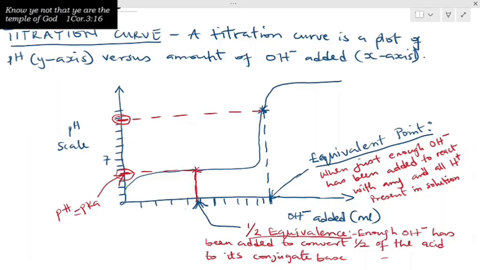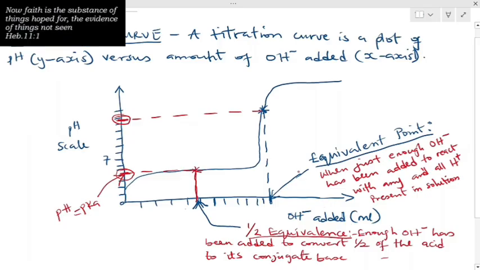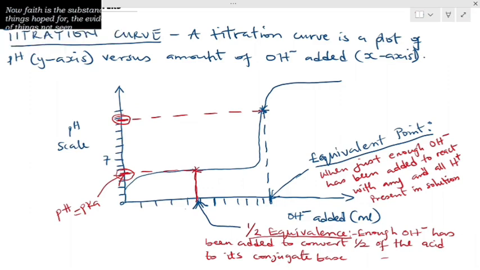That is the half equivalence point. And the equivalence point is just when enough OH minus has been added to accept all the protons, which is your H plus, present in solution.